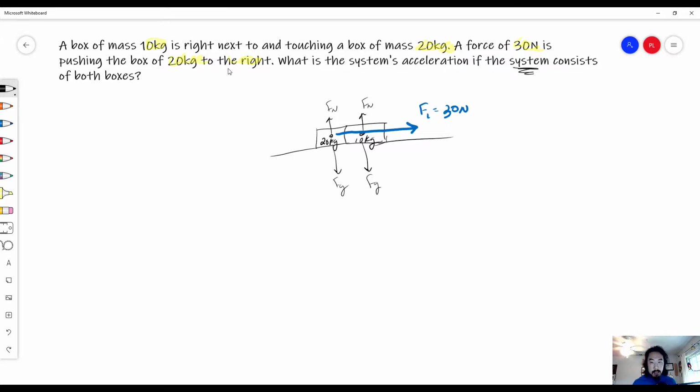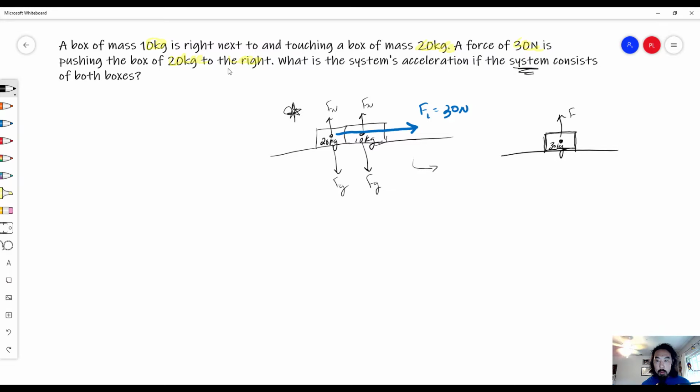All right, so this is the technical drawing. But we can shortcut this because the system consists of both boxes. We can combine both boxes as one object. I'll be working off of this image here, but I'm going to show you what you can do as a shortcut once you get a little more comfy with this. So this would be both boxes combined, a total of 30 kilograms.